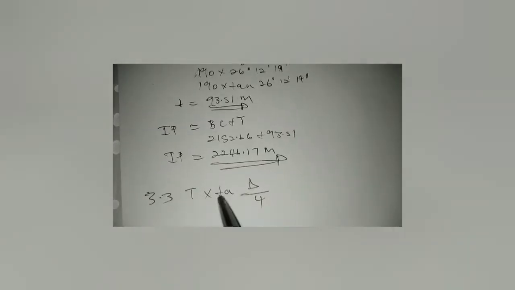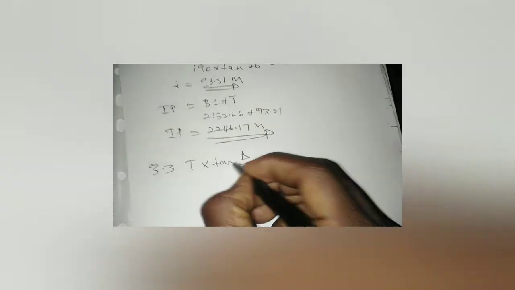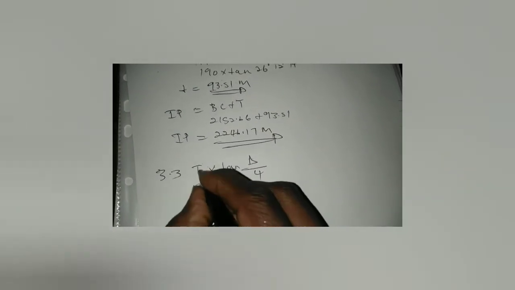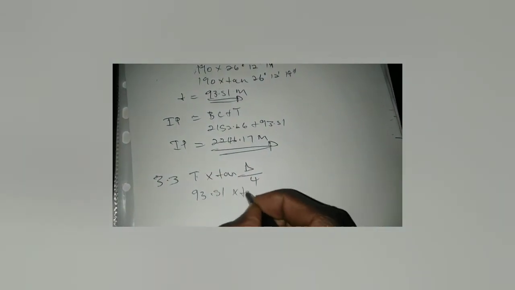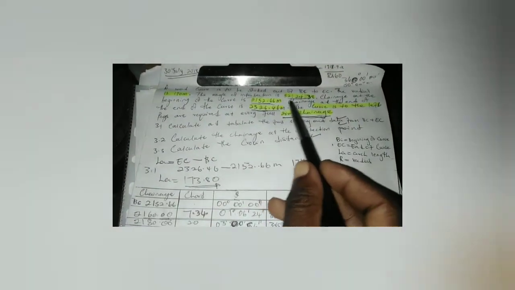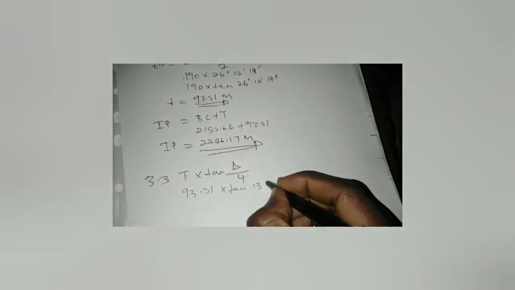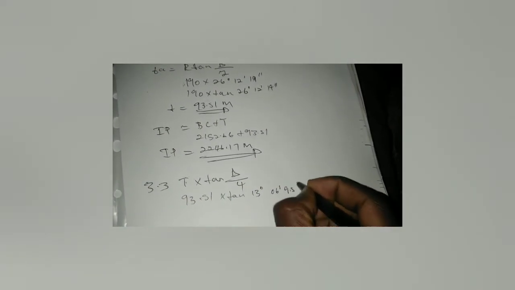So it is 93.51 times the tan of the angle divided by 4, which is 13 degrees, 06 minutes, 9.5 seconds.